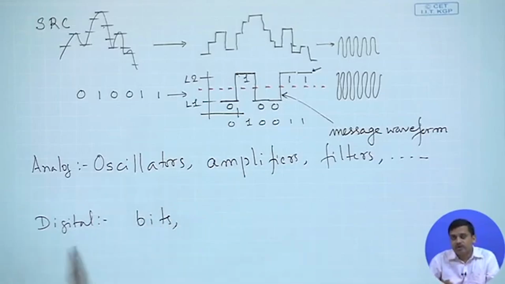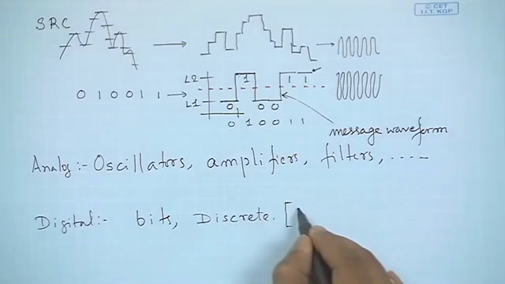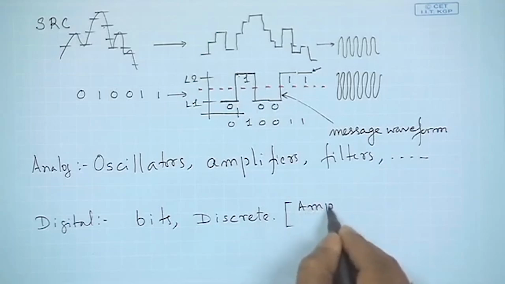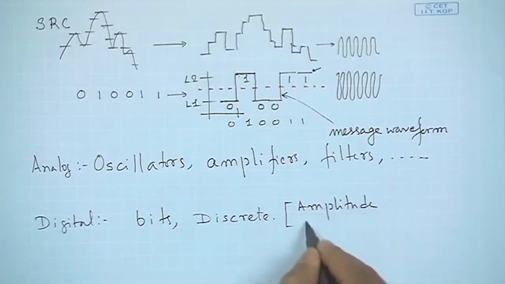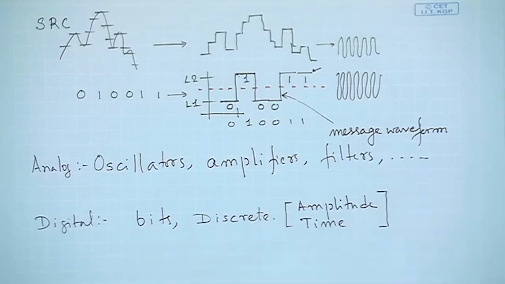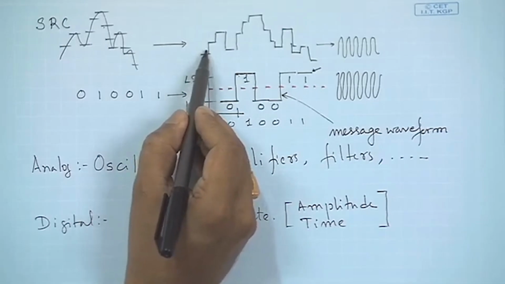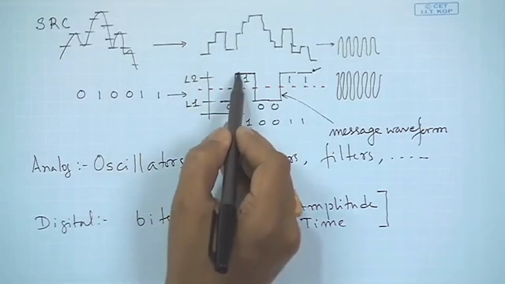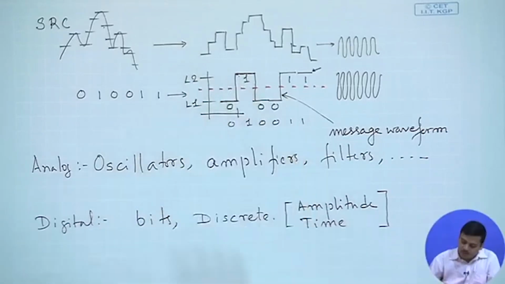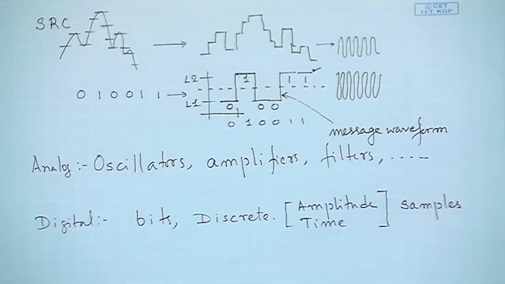If it's a little more advanced, then going beyond bits, we would go to discrete. When we say discrete, we mean discrete in amplitude and in time. This is actually a discrete signal that we are talking about, and if it has only two levels, it is basically binary. In other words, we are talking about samples.